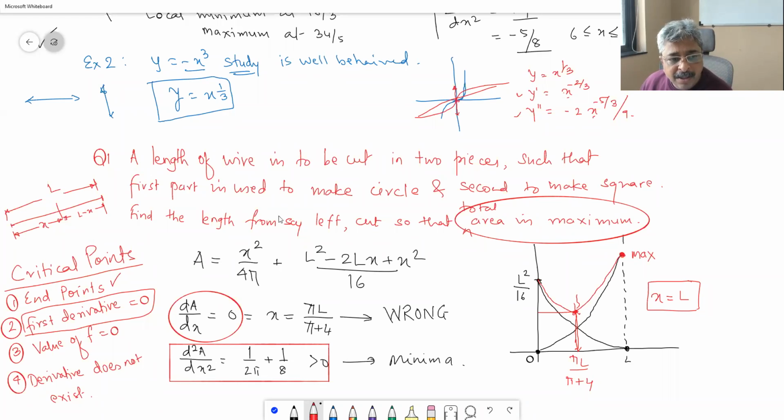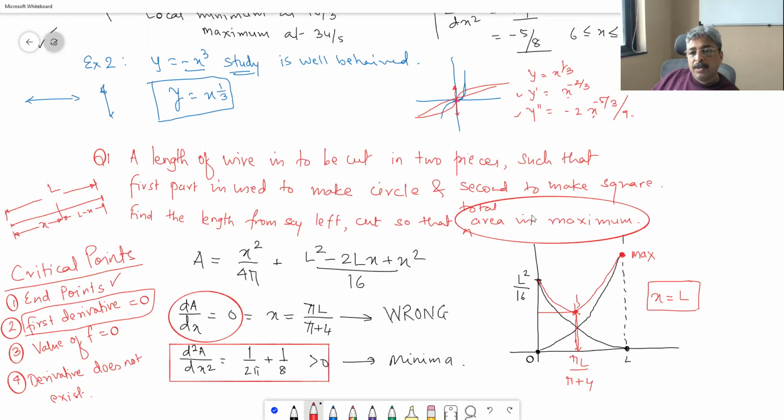Basically, word problems are always difficult, and if those are related to minimum maximum problems, applications of derivatives, then the first thing that you should do is find out what is the dependent variable, what is the independent variable, and how they are related to each other. So forming the function which is to be maximized or minimized is important. After that, algebraic calculations. The theory is ready for proceeding after you have the first function with you.